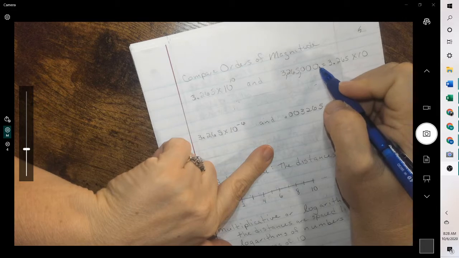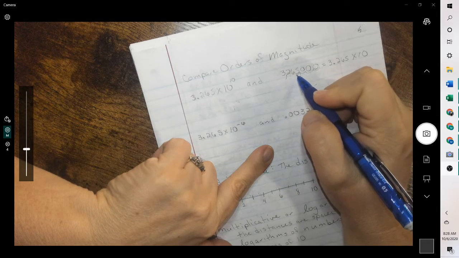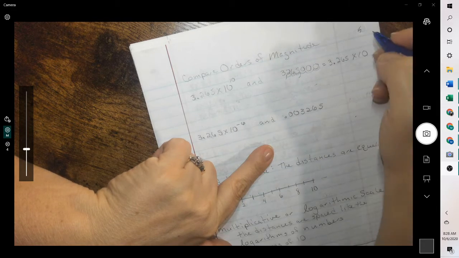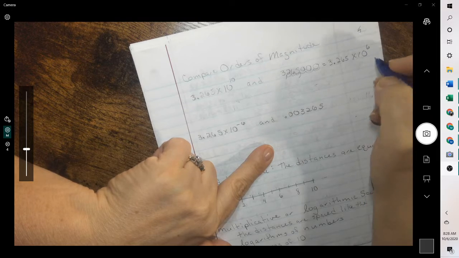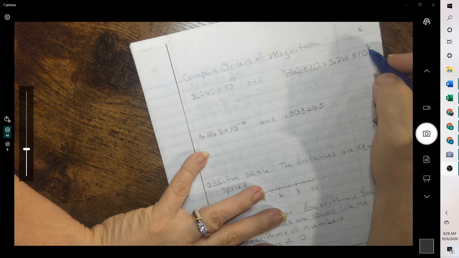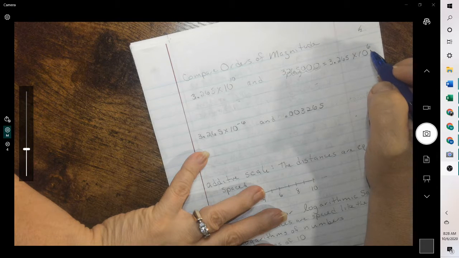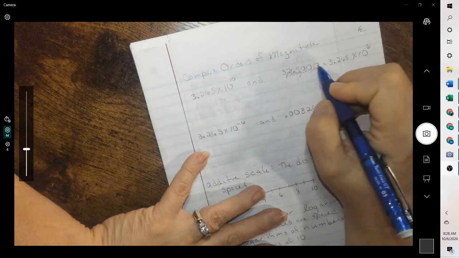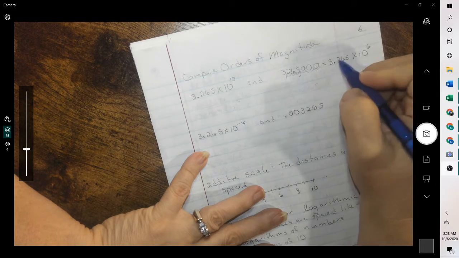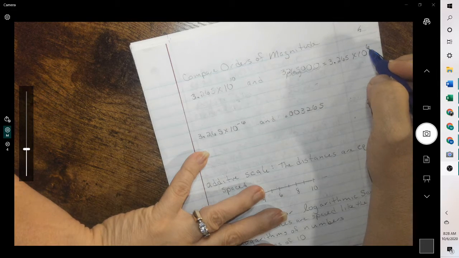So we moved it 1, 2, 3, 4, 5, 6. So it would be 10 to the 6th. It will stay positive because this number needs to get larger. So when we multiply, we need the positive here.